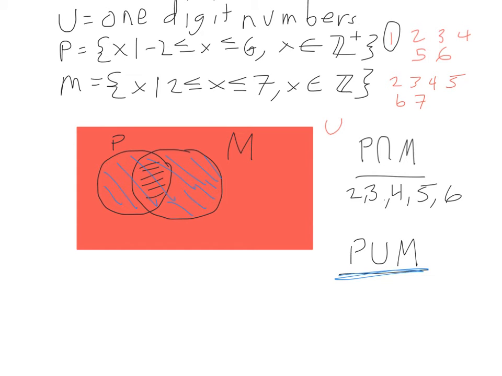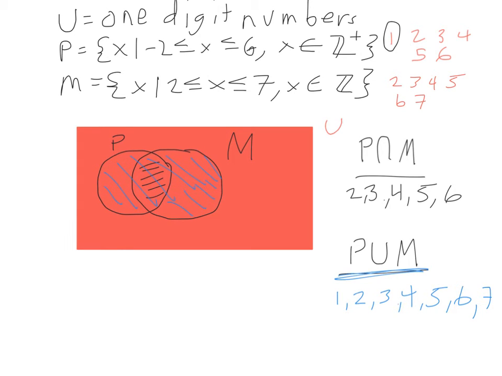So all of those numbers, 1, 2, 3, 4, 5, and 6 are part of that union. Plus anything that's part of M. Now, you notice that we've already got 2, 3, 4, 5, and 6 because those were part of P, but we need to add in number 7.